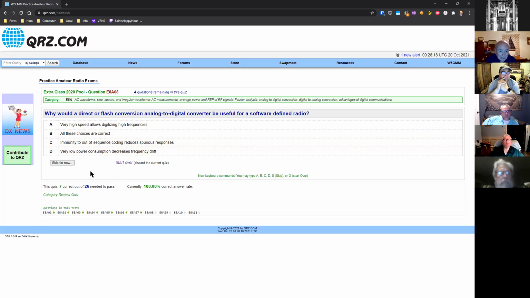Why would a direct or flash conversion analog to digital converter be useful for a software-defined radio? A. Yeah, flash converter, it's able to do that extremely quickly. Because of that, the quicker it's able to do it, the higher the frequency it'll be able to digitize.